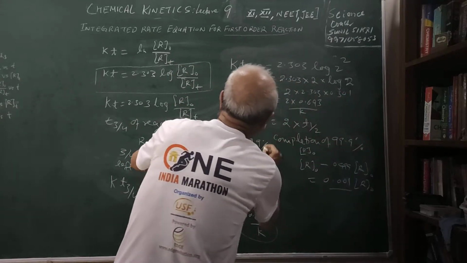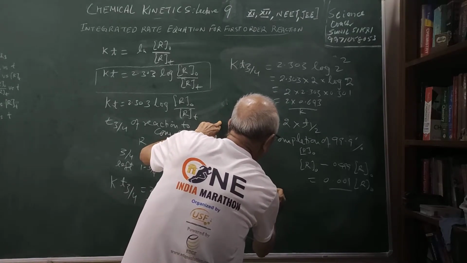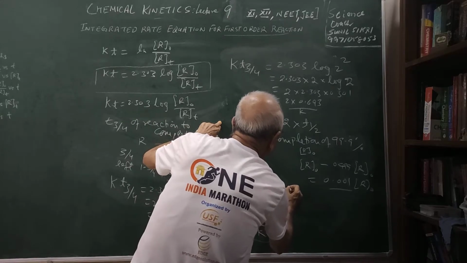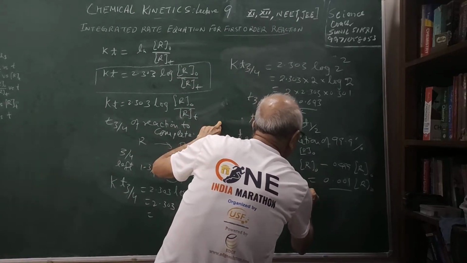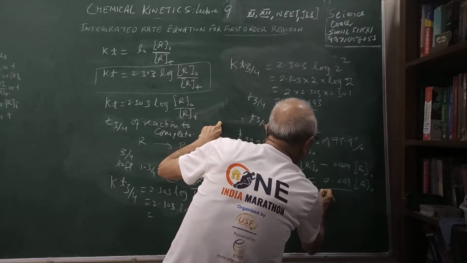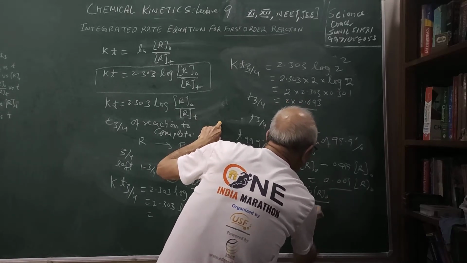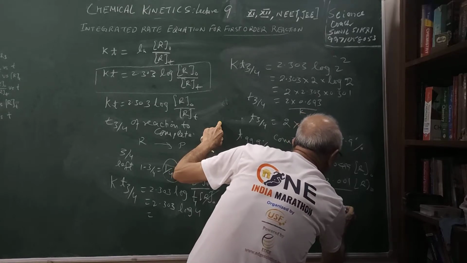And what will be the value then? So T99.9%, students, kT99.9% will be equal to 2.303 log of R0 divided by this value 0.001 R0.